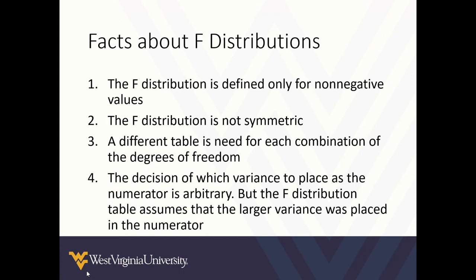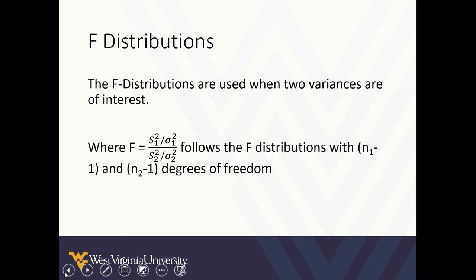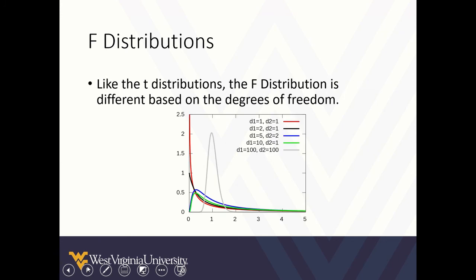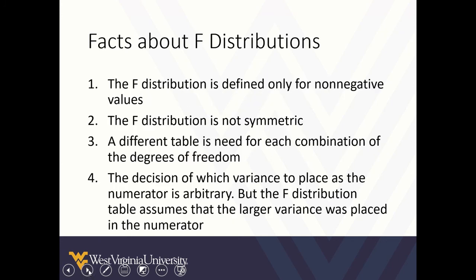And so the decision of which variance to place as the numerator is arbitrary. So notice, as I said, there was this lovely formula, and we are using 2 samples and each of those samples have their own sample variance and population variance. But I do want you to know that although which one you place is technically arbitrary, the F distribution table assumes that the larger variance was placed in the numerator.